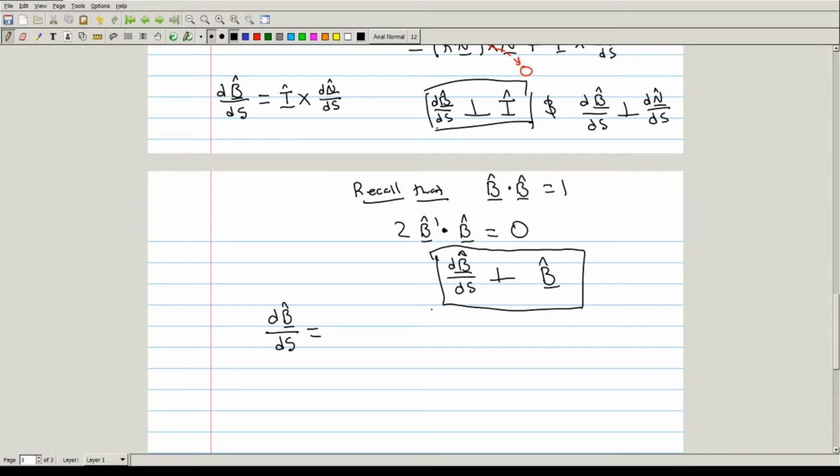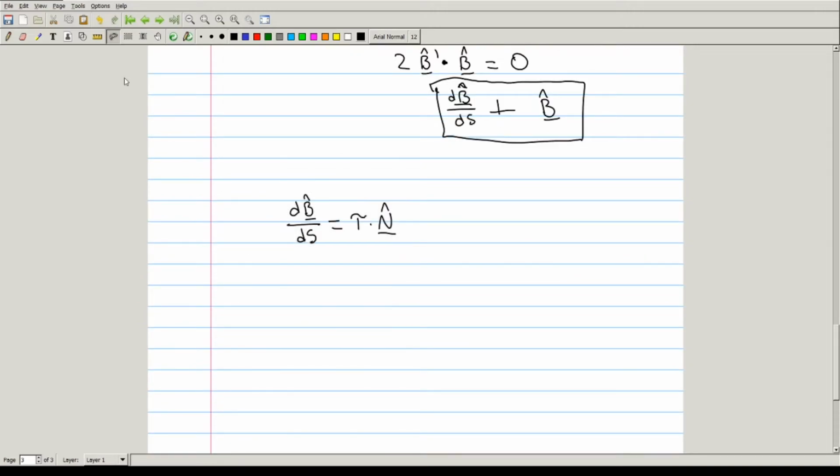And what we do is we exactly define this to be the following. We define it to be tau times n hat. And this is the second, actually we'll label it the third Frenet formula. And we'll see why in a second.